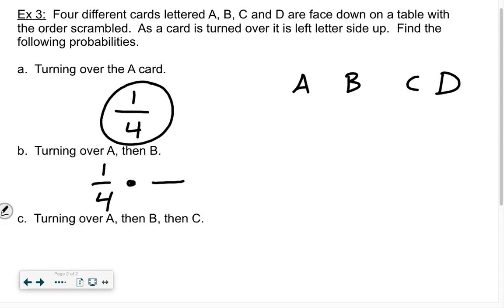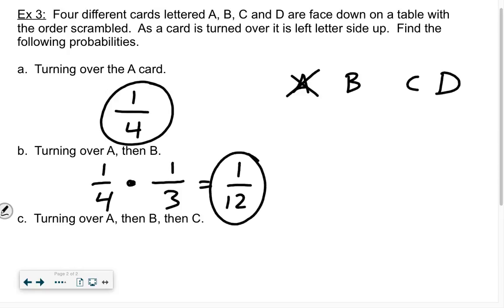But now that we have selected A, it is no longer a member to be selected from when we go to pick the second one. So how many total do we have? We now have 3 to choose from, and only one of those has the B on it. Multiply across, therefore the probability of turning over A and then turning over B for the second card is going to be 1/12.